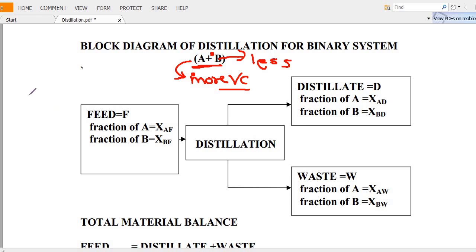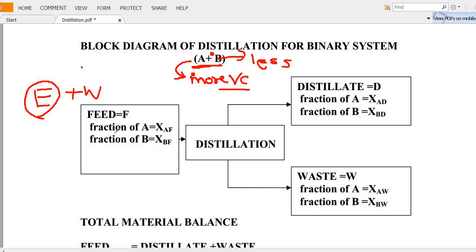For example, again I take the example of ethanol E and water W. Ethanol's boiling point is less than that of water, therefore we say ethanol is the more volatile component, while the remaining component is the less volatile component.